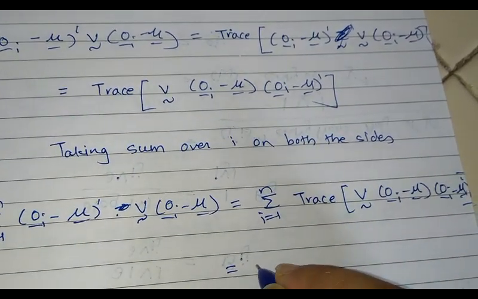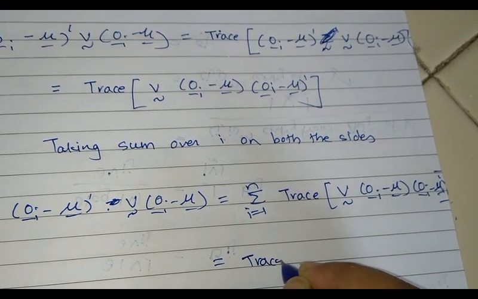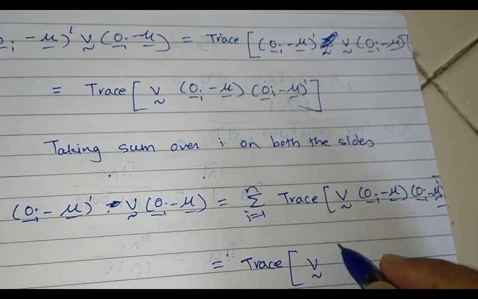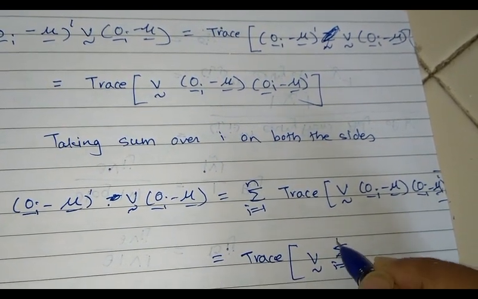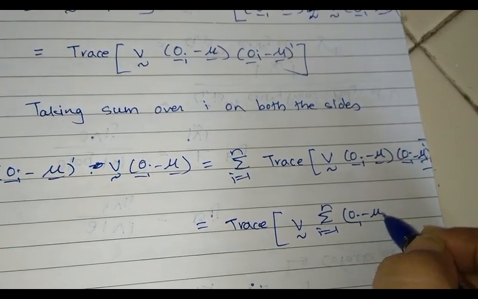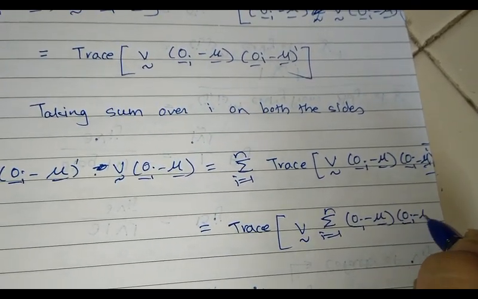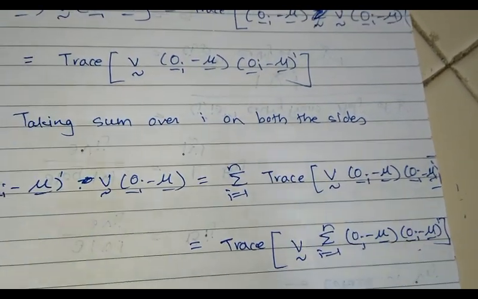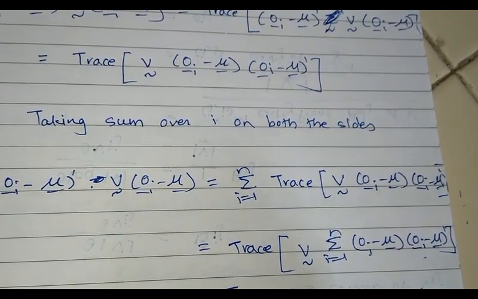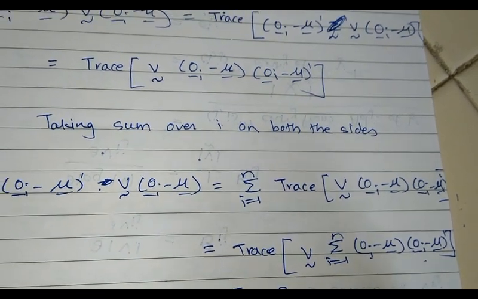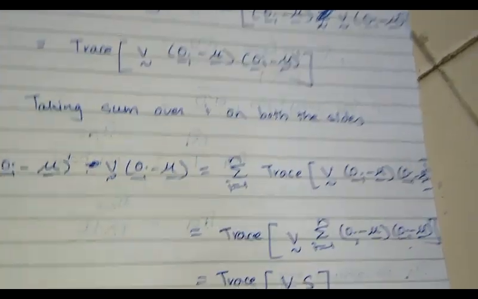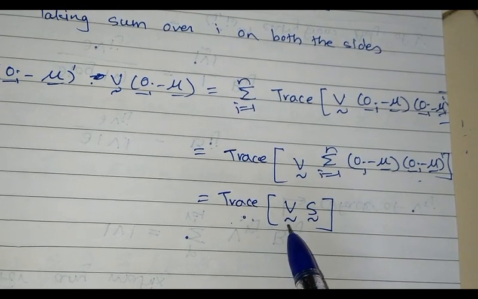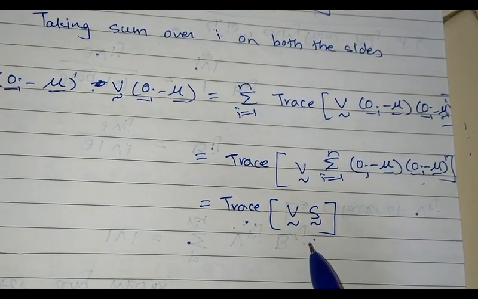So this can be written as trace of V sum over i going from 1 to n y minus mu into y minus mu prime. Now y minus mu into y minus mu prime is nothing but the S matrix, CSSP matrix that we defined earlier. So this becomes trace of V into S.